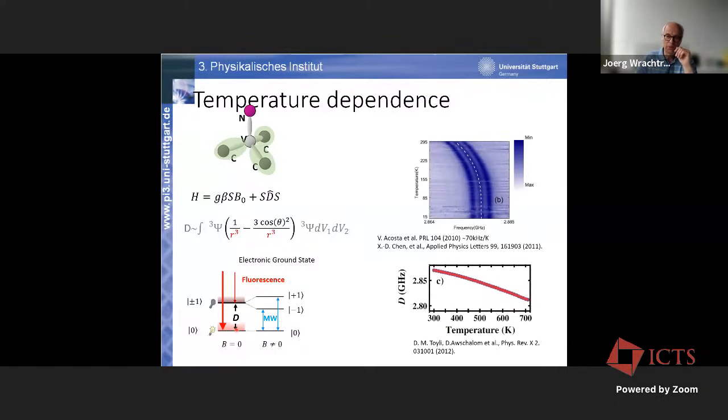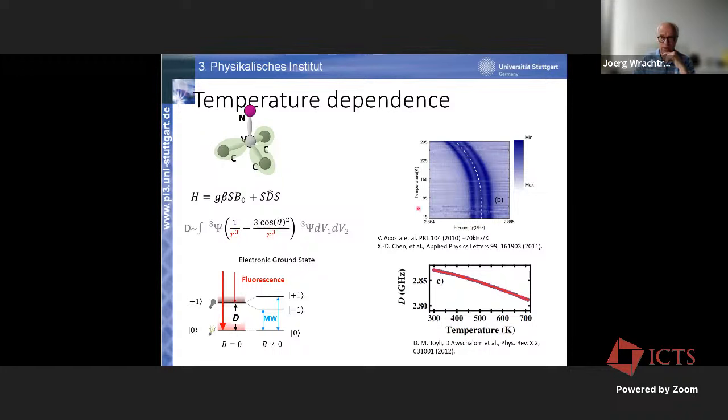So if you do these experiments, and if you change temperature, and if you measure the transition frequency, so this is all done at constant or say zero magnetic field, you see how this resonance frequency bends over, and this is nothing but an indication that this average distance between the two electron spins is changing.